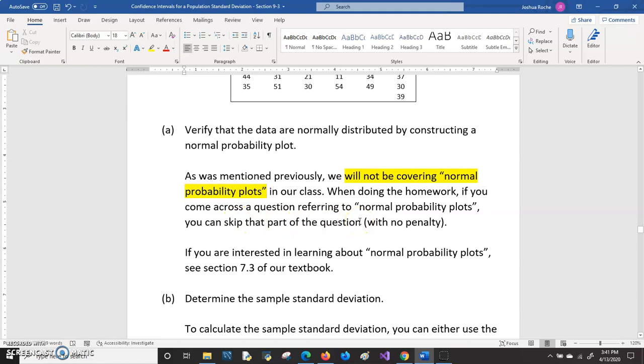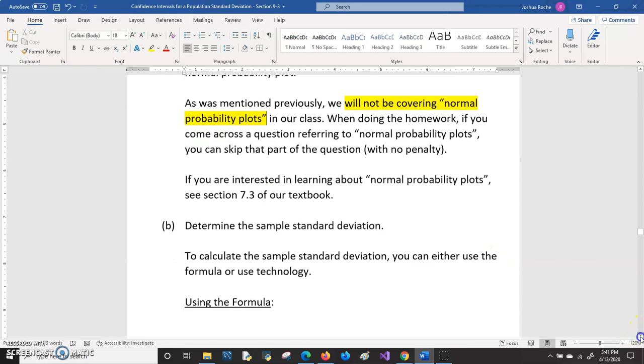You'll have to do the rest of the question, but it's okay if you skip any part that refers to normal probability plot, and it won't be penalized on your homework. If you are interested in learning about normal probability plots, go to section 7.3 of our textbook.